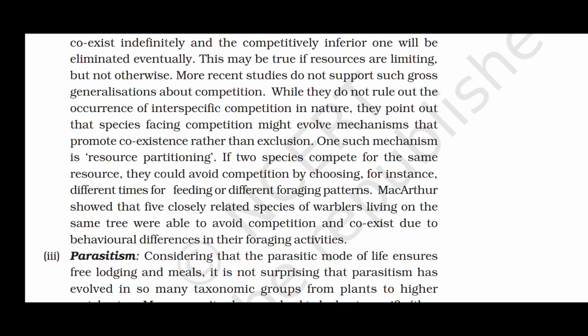If two species compete for the same resource, they could avoid competition by choosing, for instance, different times for feeding or different foraging patterns. MacArthur showed that five closely related species of warblers living on the same tree were able to avoid competition and coexist due to behavioral differences in their foraging activities.